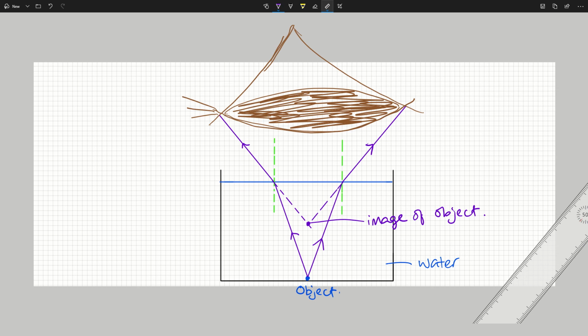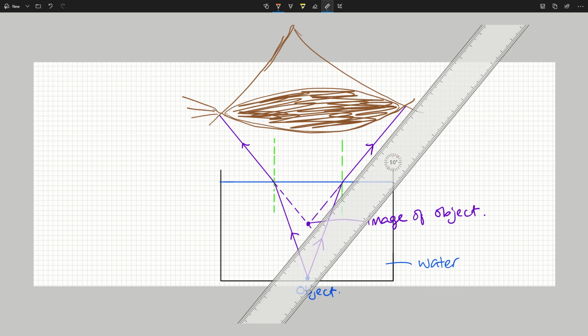Note I use the word appears. The image appears to be shallower, and because it appears to be shallower, the depth at which the image is is what we call the apparent depth.